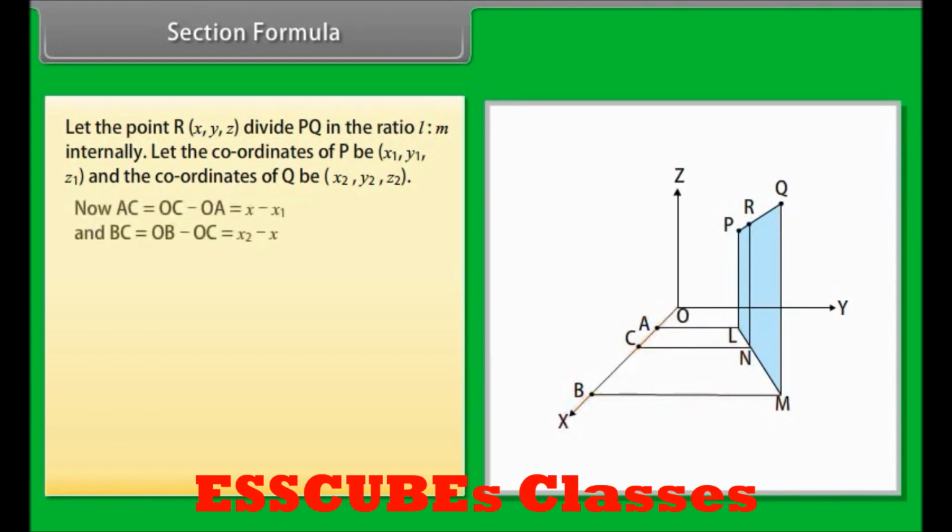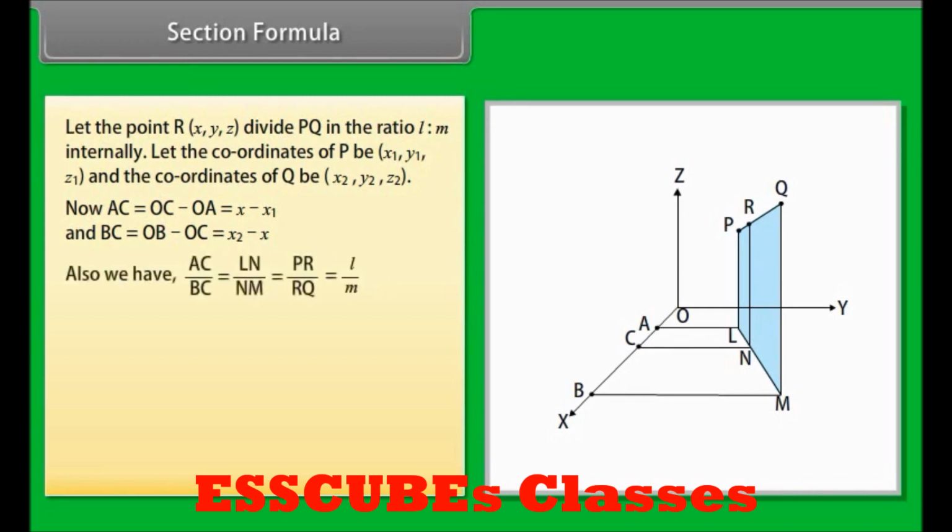Now, AC = OC - OA = x - x1 and BC = OB - OC = x2 - x.